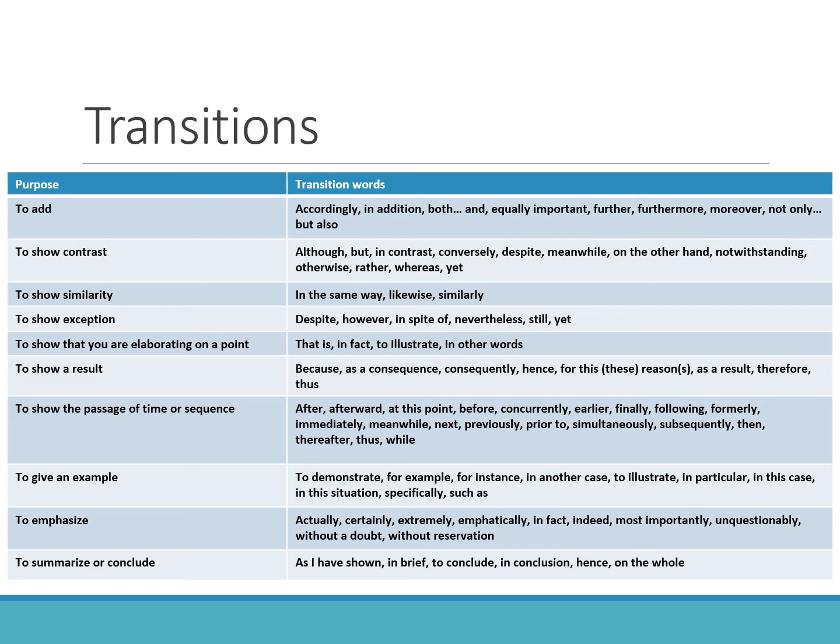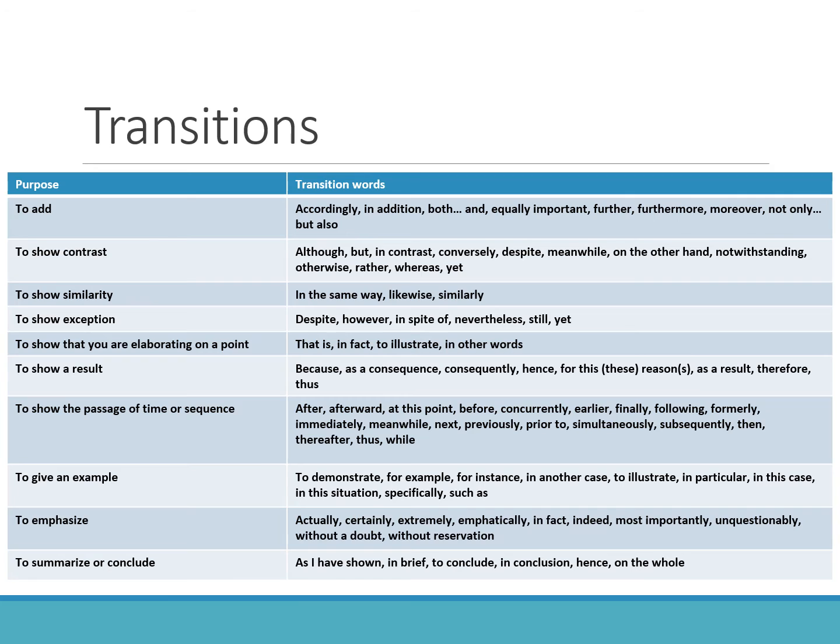Okay, so this is really just a resource for you. I encourage you to come back to this as you're reviewing your writing and thinking about your writing. This is just a list of transitions, and transitions are really important in effective writing because they make it easier for your reader to read and figure out what you're trying to say and how it links to your previous points.